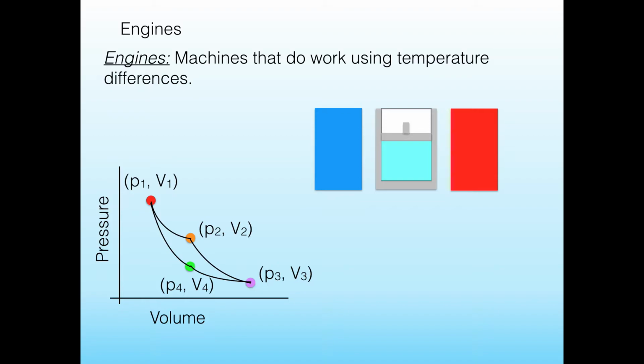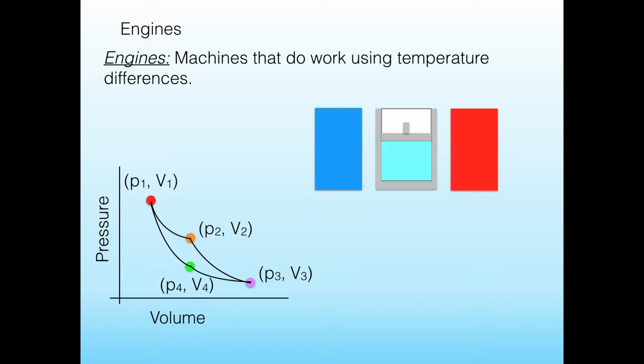Another type of heat pump, used in reverse, in this case we're more interested in the cold part, is your refrigerator. So the inside of your refrigerator is the cold reservoir, and you can use mechanical energy to pump out the heat from the inside of your refrigerator, and you expel it out the back.